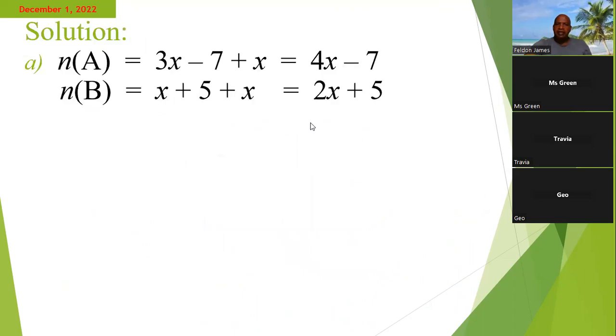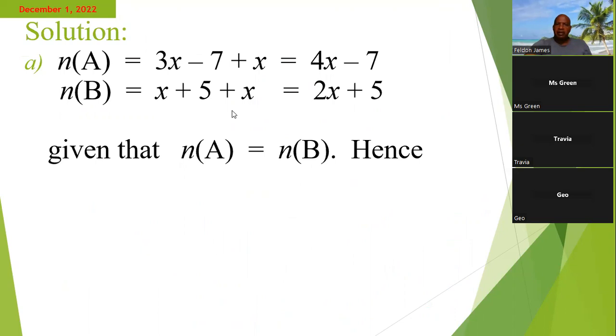All right, so this would have been the solution based on what we have just done. For solution A, we know that the number of elements in A, what we did was to add everything in the circle of A: 3x minus 4 plus x. Everything in the circle A were these, and we add them, so we get 4x minus 7. Likewise, for B, we add everything in the circle B. We have x plus x, 2x plus 5.